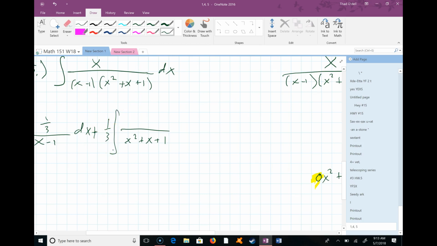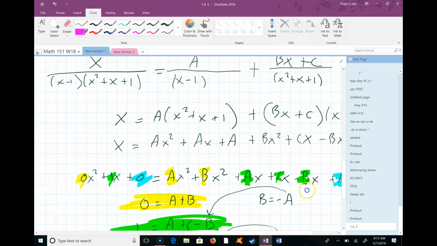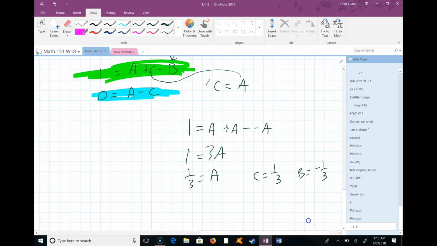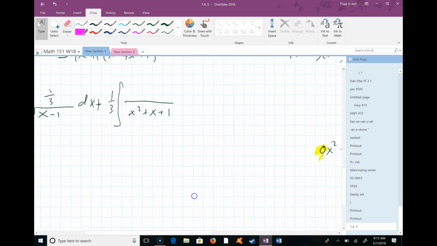And what does that leave me with on top? Well, I forgot what I called what. So b is negative and c is 1. So if we bring out a negative 1/3, that would leave me with x minus 1, wouldn't it? The dx, yeah?